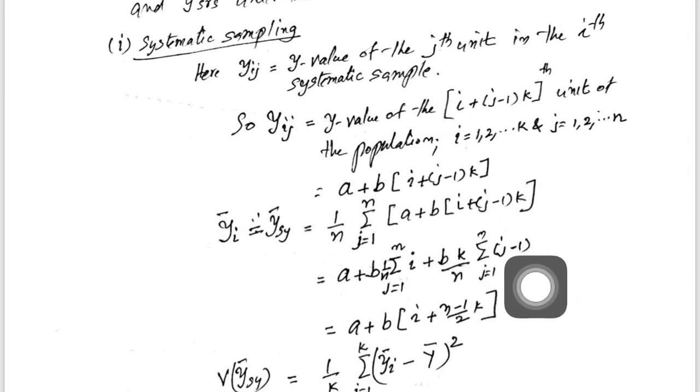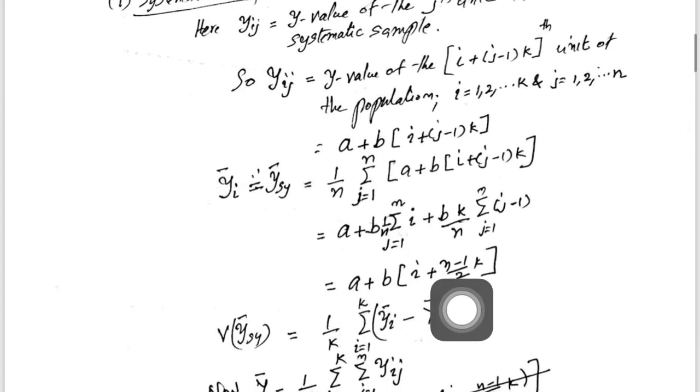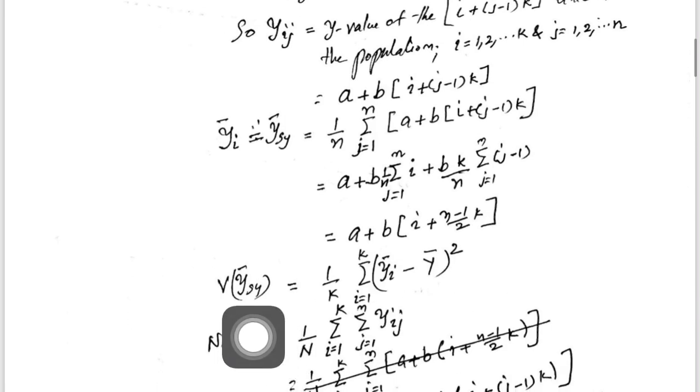You know why? Because by putting j equal to 1, you get 0, so this is actually the sum of 1 + 2 + 3 + up to n-1. So it is equal to (n-1)n/2. On simplification, you will get a + b(i + ((n-1)/2)k). So what is the variance?